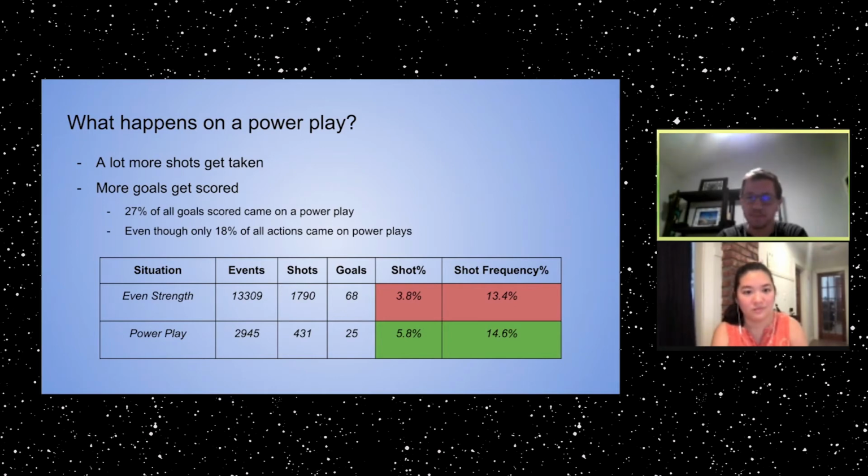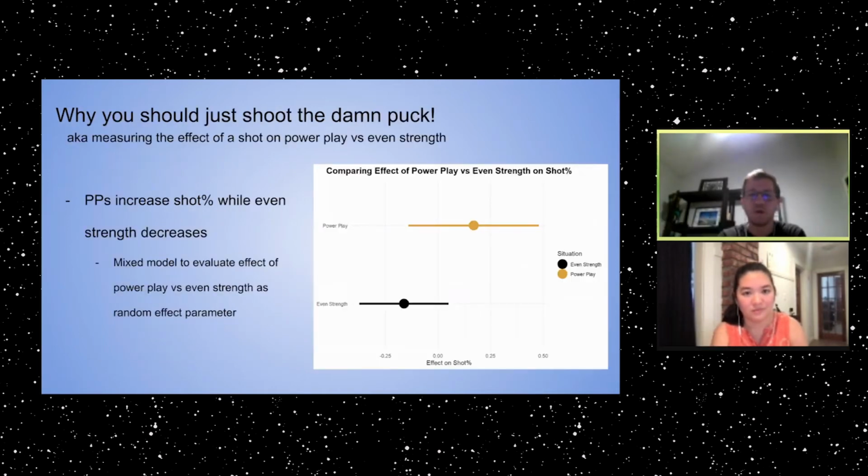Okay. And then one other thing, a little more on the mathy stats modeling side, that I tried to quantify that difference between power play and even strength situations was using a mixed effects model, treating whether it was a power play or even strength situation as a random effect to account for the variability from shot to shot.